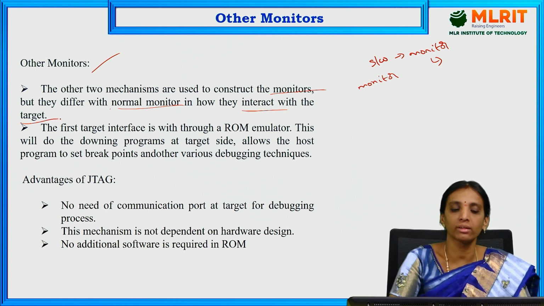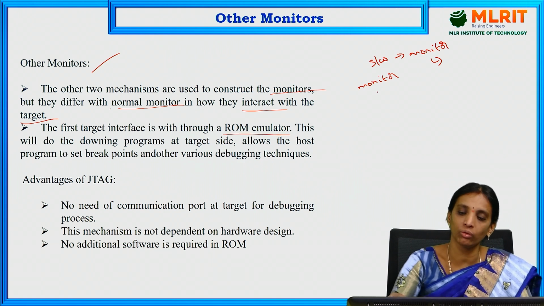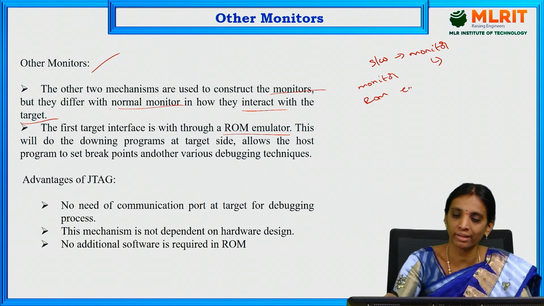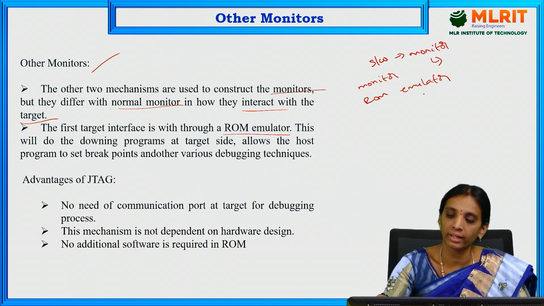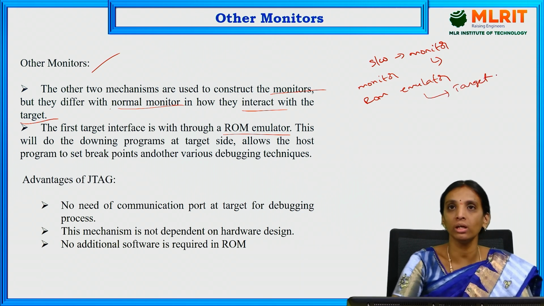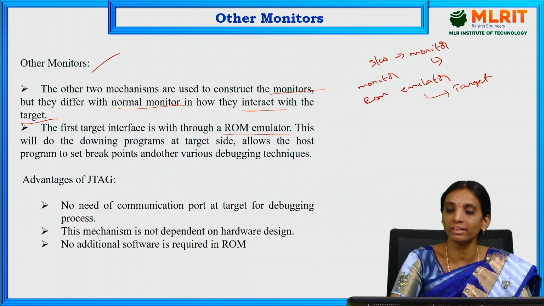The first target interface is through a ROM emulator. We need to use a ROM emulator for constructing this monitor, for downloading the programs, and we connect that to the target system, which allows the host program to set breakpoints through various debugging techniques.